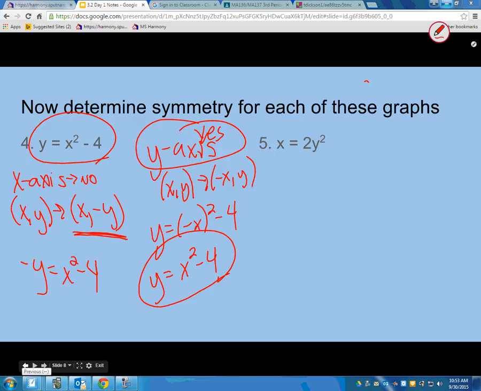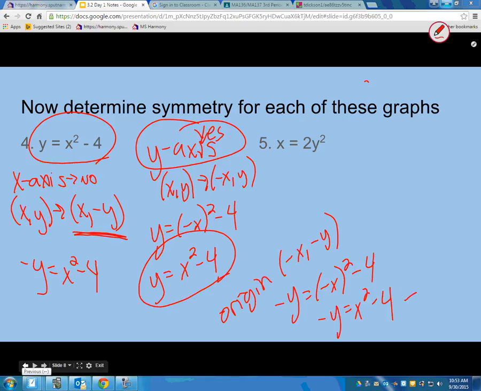And then the origin: if you plug in two negatives, is it going to be the same? The answer is going to be no, because for the origin, if you plug in negative x, negative y, that is not the same. So this one is only symmetric with the y-axis.